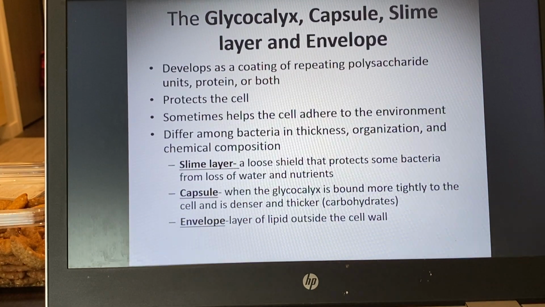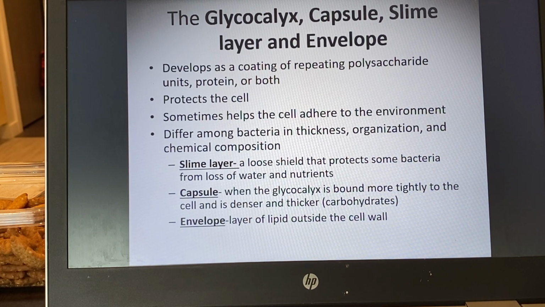Okay, so now let's talk again about that layer that's kind of on the outside of a lot of bacteria. And we're using terms like glycocalyx, capsule, slime layer, lipopolysaccharide layer. And it's on the outside of the cell wall, okay? So it basically can do a couple of things.